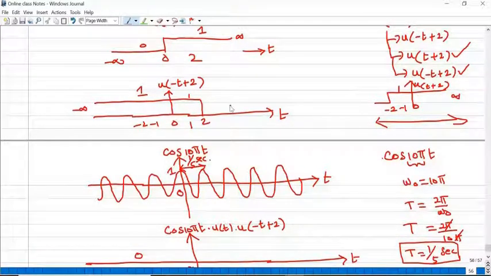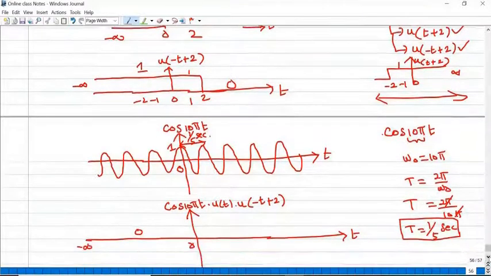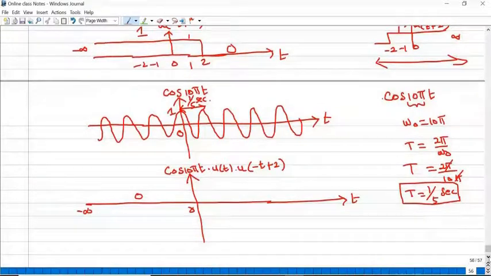From 2 onwards it is 0, and 0 times anything is 0. So the cosine function exists up to 2 only.